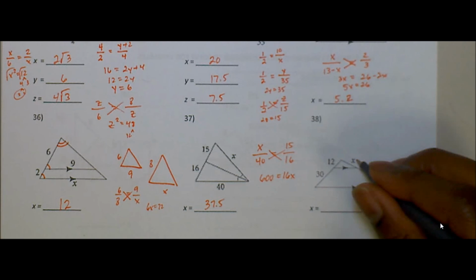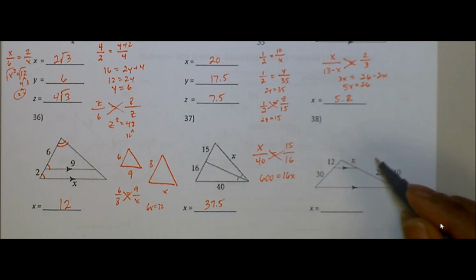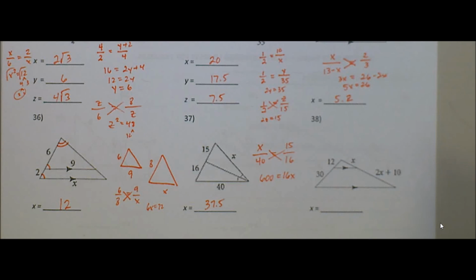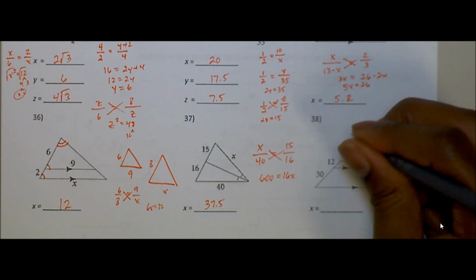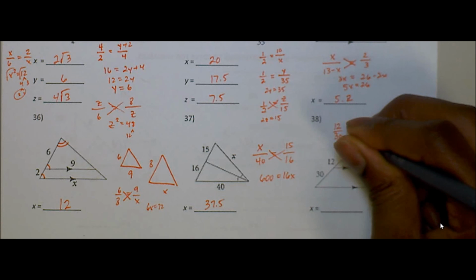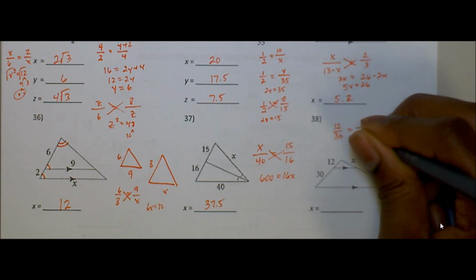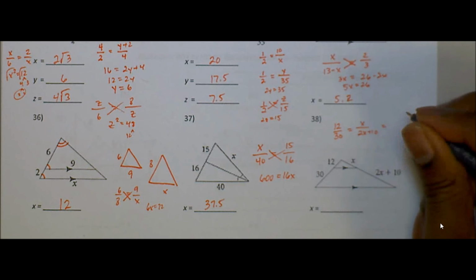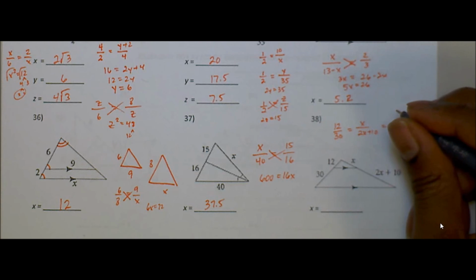And then finally, another side splitter problem here. Notice that x is on the side that's being split, so we do not have to redraw our two triangles. We can if we want to, but we don't have to. So 12 over 30 equals x over 2x plus 10. You could simplify this if you wanted to and use 6 over 15, 2 over 5.